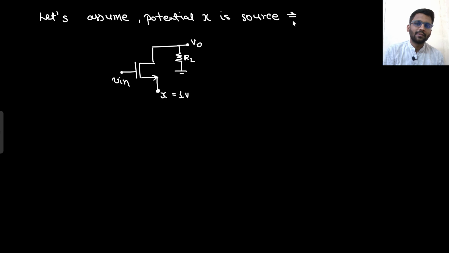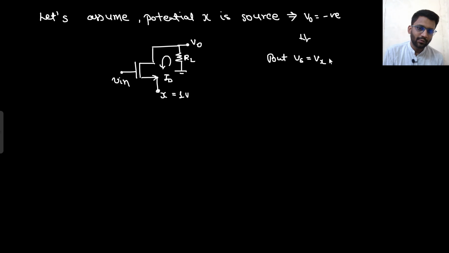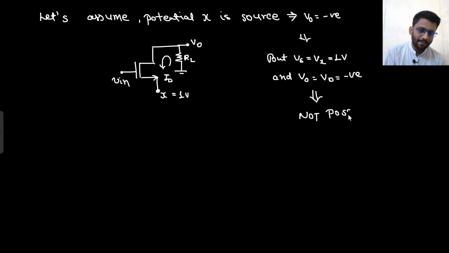If it is source, what will be the ID direction? This would be the ID direction. Then V0 will be negative. But Vs, that is equal to Vx, is at 1 volt, and V0, which is equal to Vd, is negative, and this is not possible. Right? The drain potential cannot be negative while the source potential is positive. This is not possible.